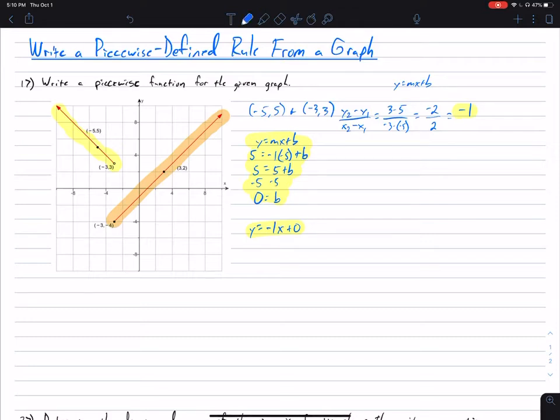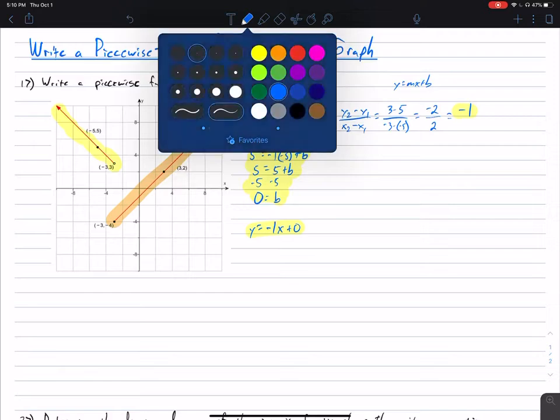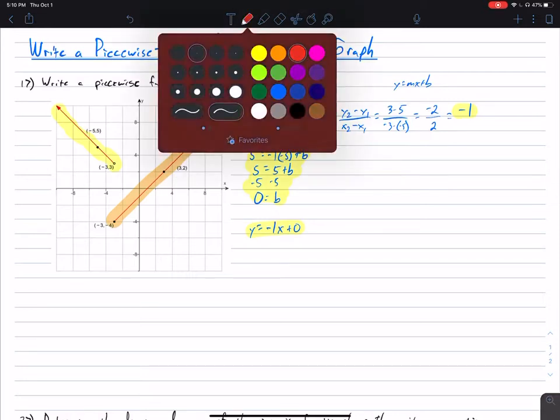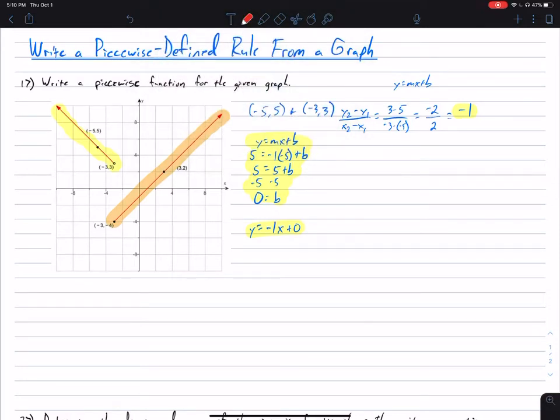Now I want to do the same thing for my second function part. We'll get into the limitations, the greater thans and less thans, after we've come up with the two equations. I'm going to write this one in red. I have the point negative 3, negative 4, and the point 3, 2.